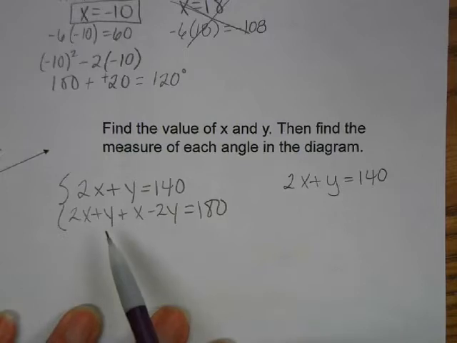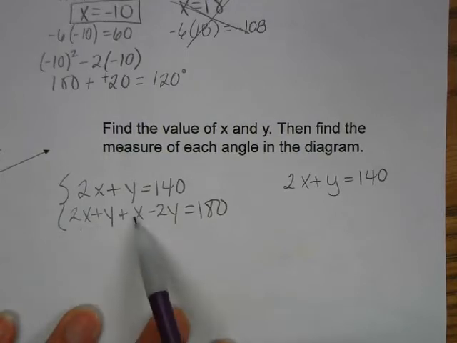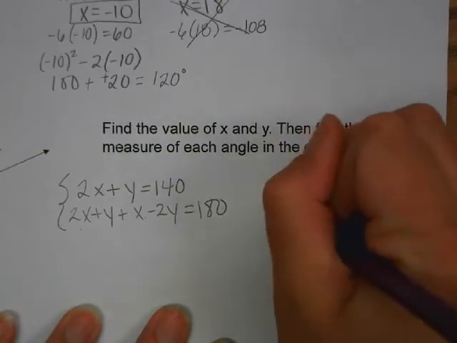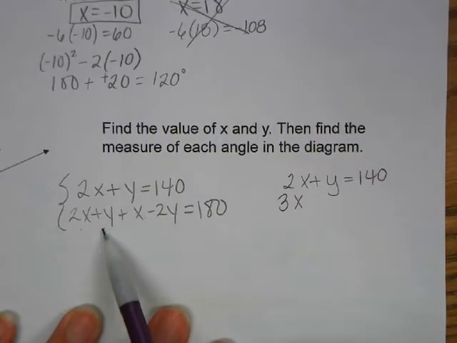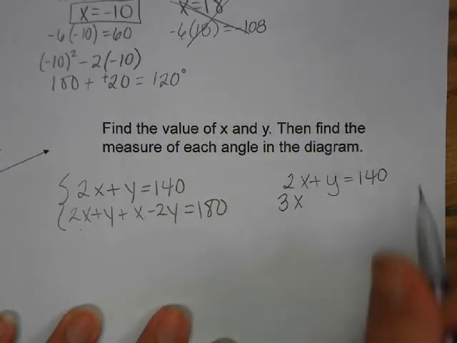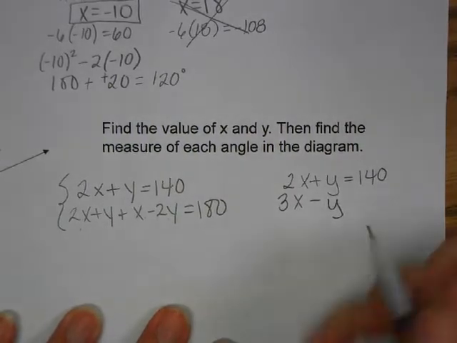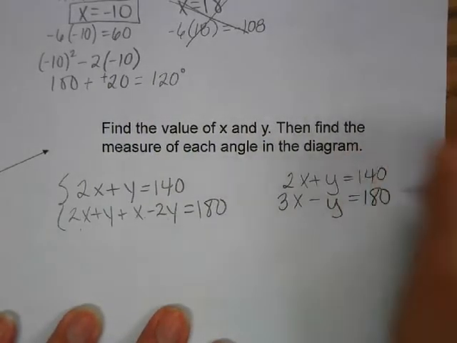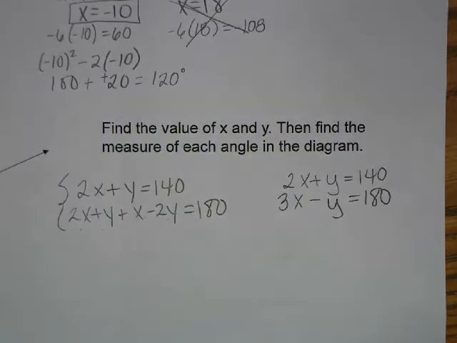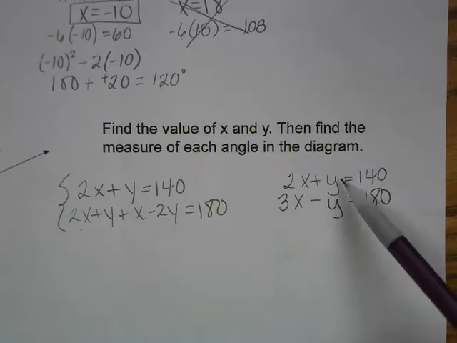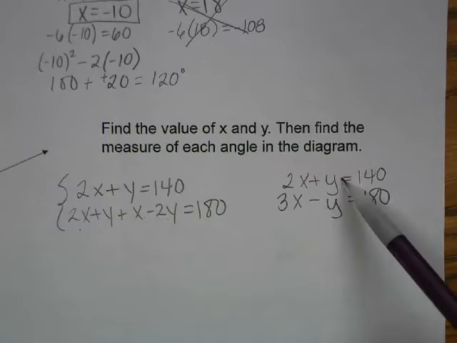But the bottom equation, I have 2x plus 1x, which is 3x. And I have 1y minus 2y, which is just minus 1y. And then that still equals 180 degrees. So simplifying that second equation in this system allows me to use the elimination method right off the bat.